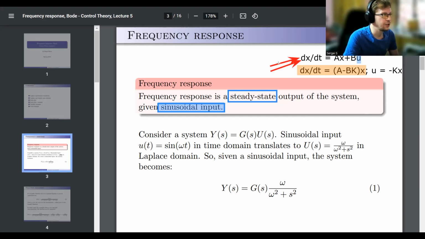Instead, what I am asking is, let's analyze how it behaves after all the transients are over, so somewhere at infinity. And we're only interested in how it reacts to sinusoidal inputs. And yeah, that's it. So interesting.